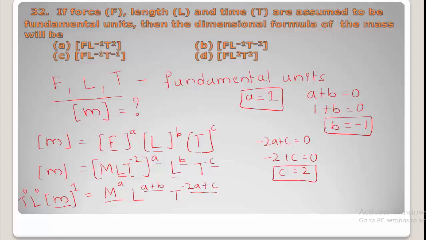Substitute the powers in equation number 1. M is equal to F raised to 1, L raised to minus 1, and T raised to plus 2. So F raised to 1, L raised to minus 1, T raised to 2. So in the options, which one is the answer? Option A is the right answer.